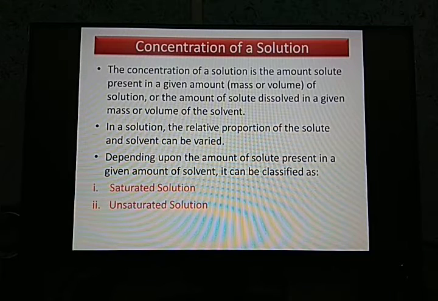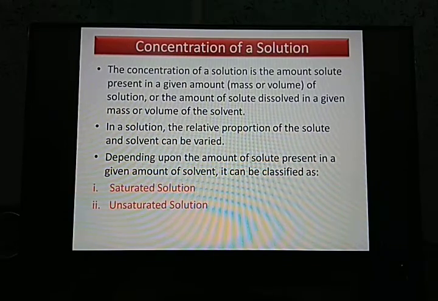This is the main topic that we are going to discuss today in this video: what is saturated and what is unsaturated, how it is formed by varying the amount of solute, and how we can interchange a saturated solution into an unsaturated solution. All these things we are going to discuss in this video, so stay tuned.